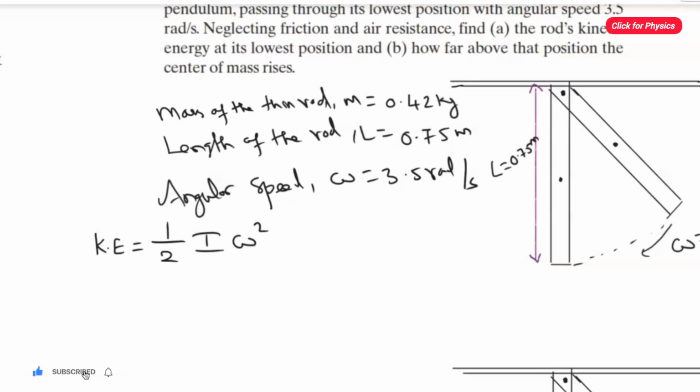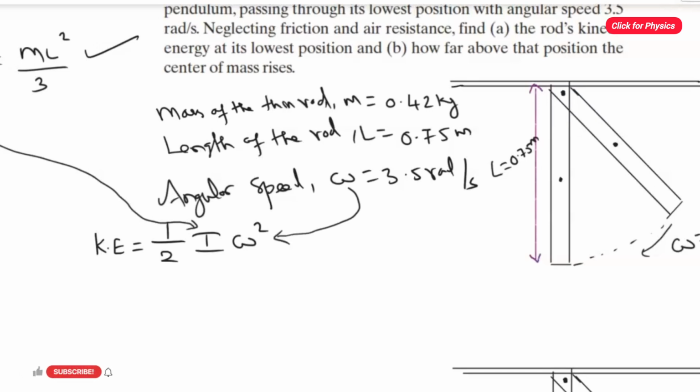We studied the rule is mL square over 3. So now I have to take this formula and substitute in place of I. And then we have the omega value, so we can substitute here. So when you substitute, you'll get the answer for the first part of the question.